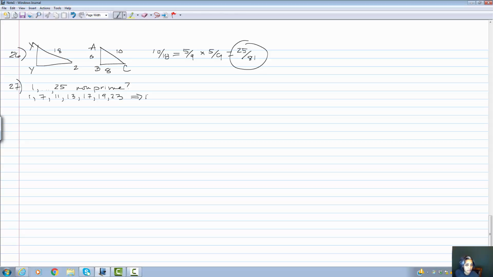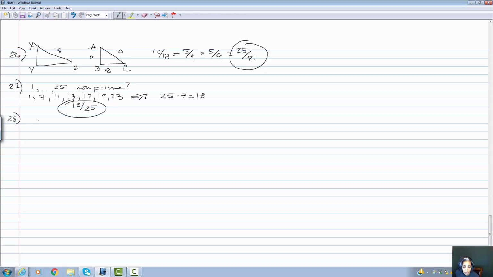So there are 7 prime numbers, which means there are 25 minus 7, or 18 non-prime numbers. We're supposed to express this as a common fraction. So the probability that we're going to get one that's divisible is 18 out of 25.